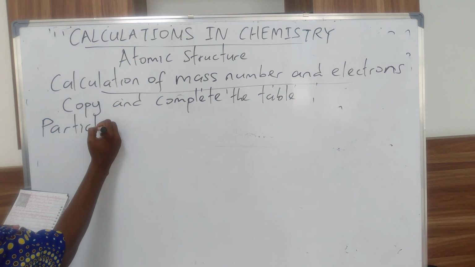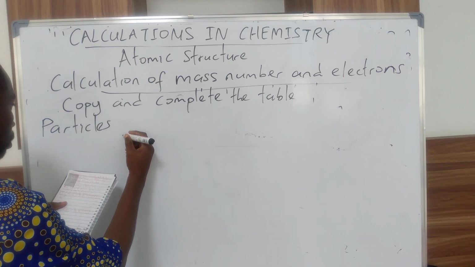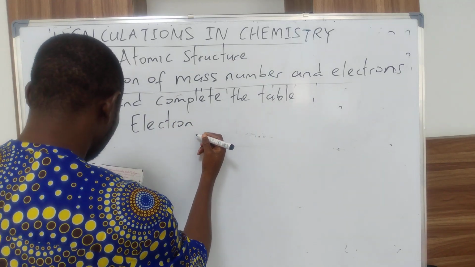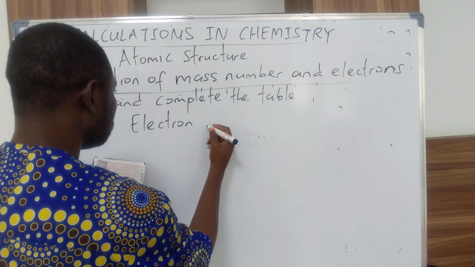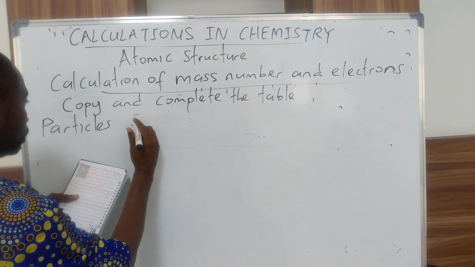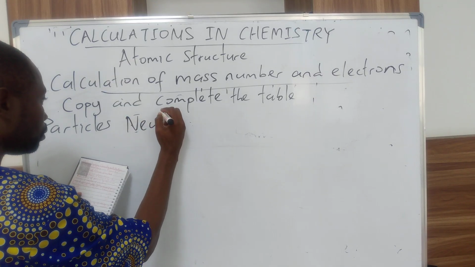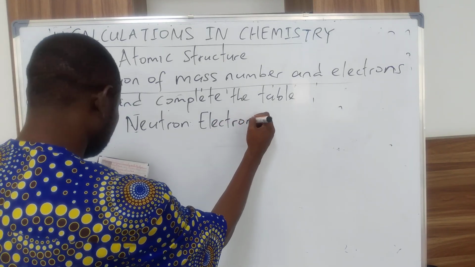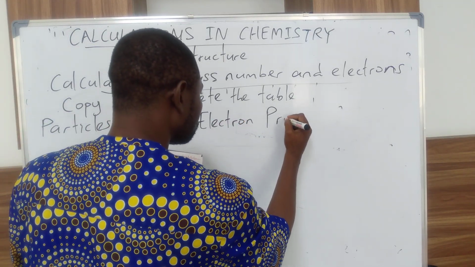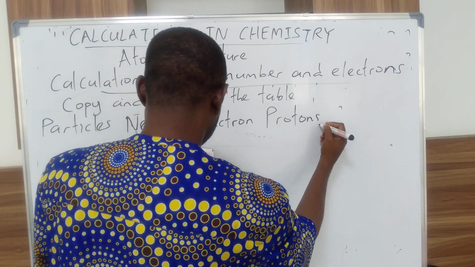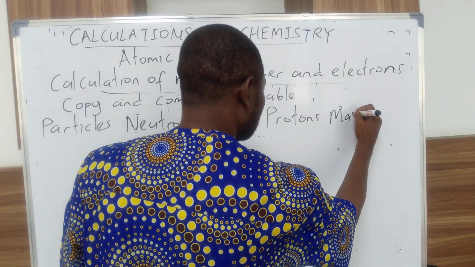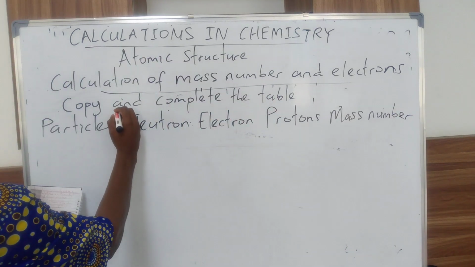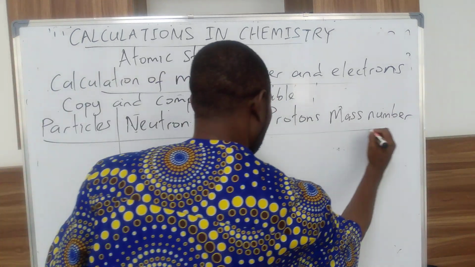We have particles, electron number, we have neutron, then we have electron, then we have protons, and finally we have mass number. I can't remember the year, but it's from WAEC past question.